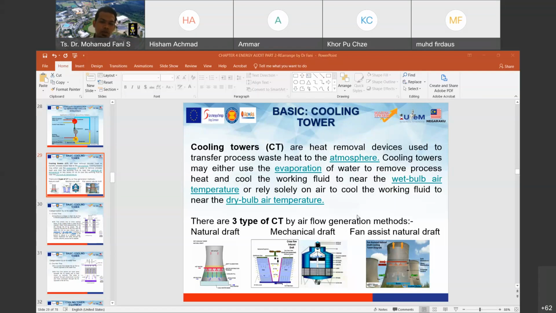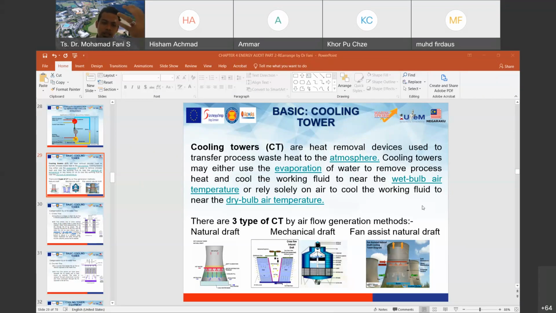And also the cooling system, the cooling tower. The cooling tower is another part of the system that supplies condenser water to the chiller. We have many types of cooling tower. The objective of putting in the cooling tower is to have a device that removes or transfers process waste heat to the atmosphere.